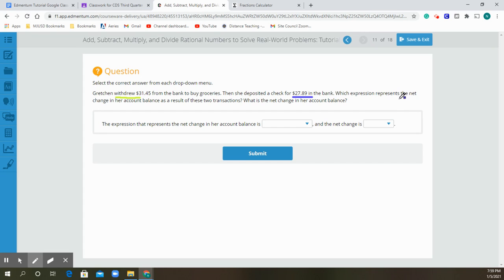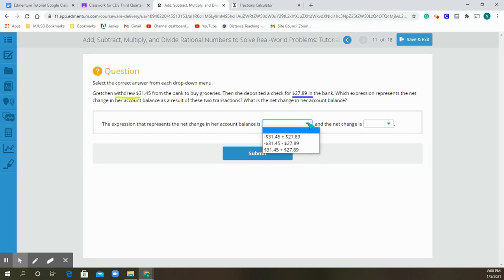Which expression represents the net change in her bank account? So the net is total change in her bank account balance as a result of these two transactions. So we want to see the expression, not the answer, but the actual problem.